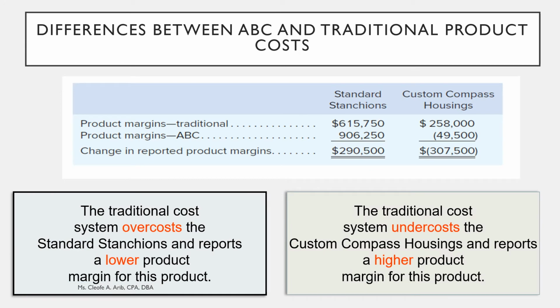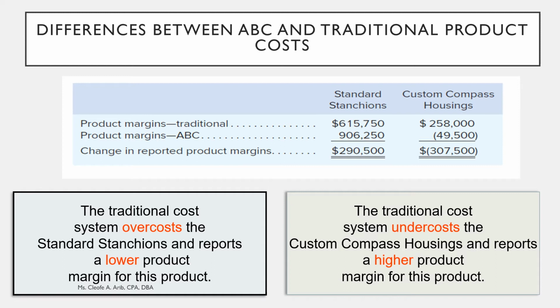Now, we have here a comparison ng mga product margin ng dalawang products, standard stanchions as well as your custom compass housings. Now, the product margin as computed by traditional costing is 615,750 for standard and 258,000 naman for your custom compass.